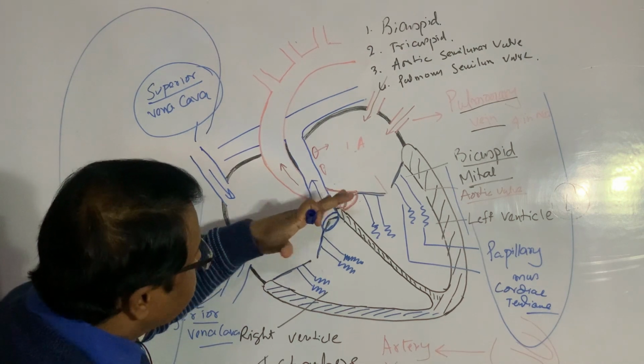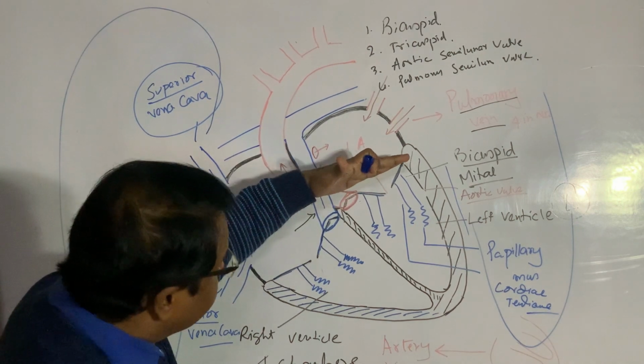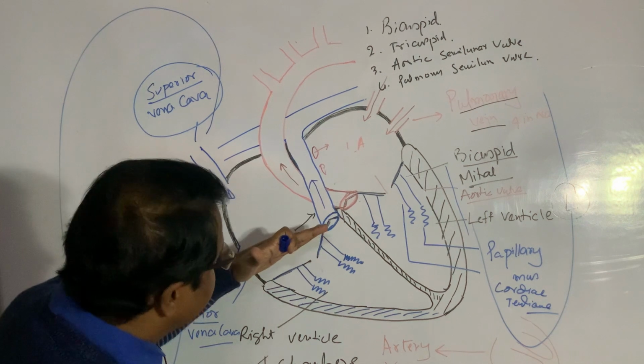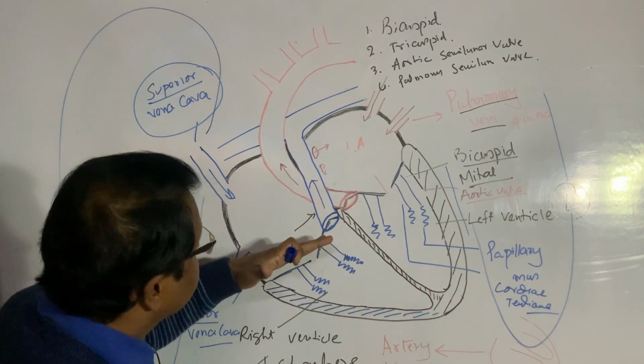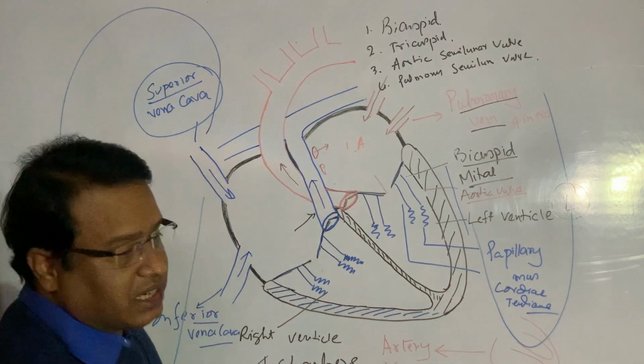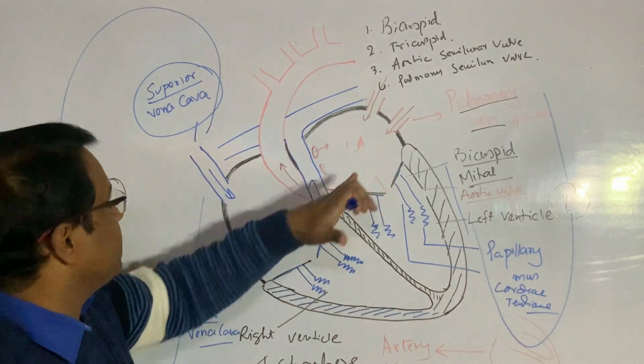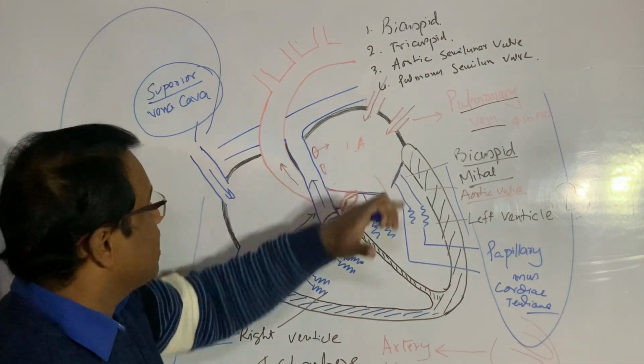The chordae tendineae and papillary muscle prevent the bicuspid and tricuspid valves from flipping back into the left atrium and right atrium.